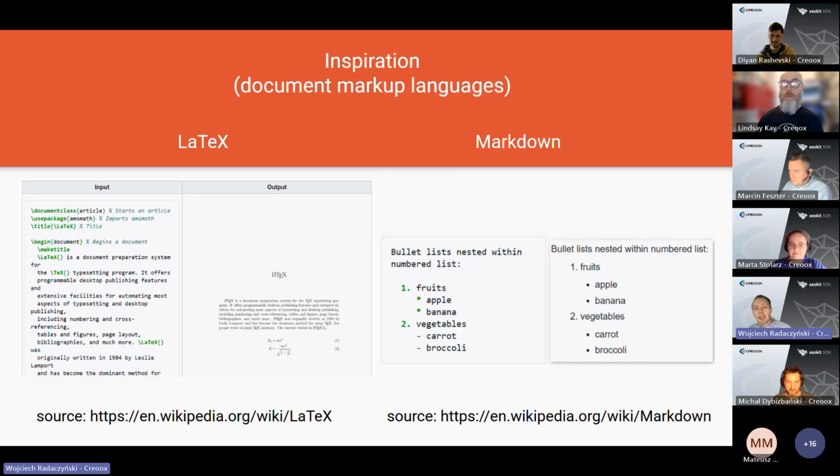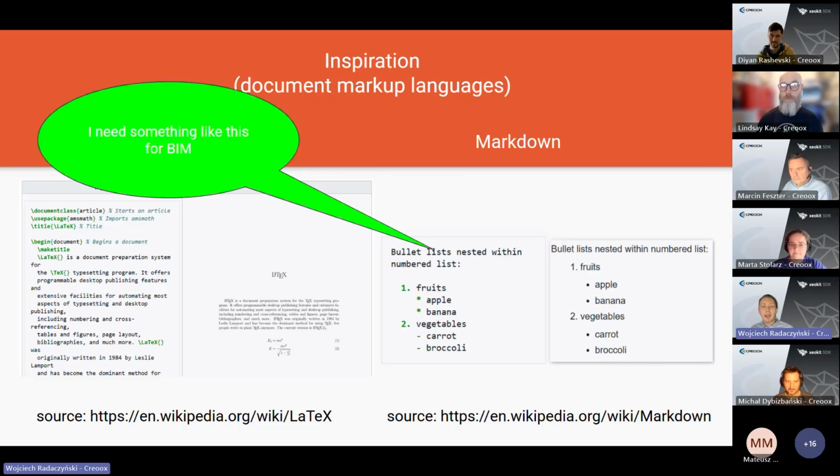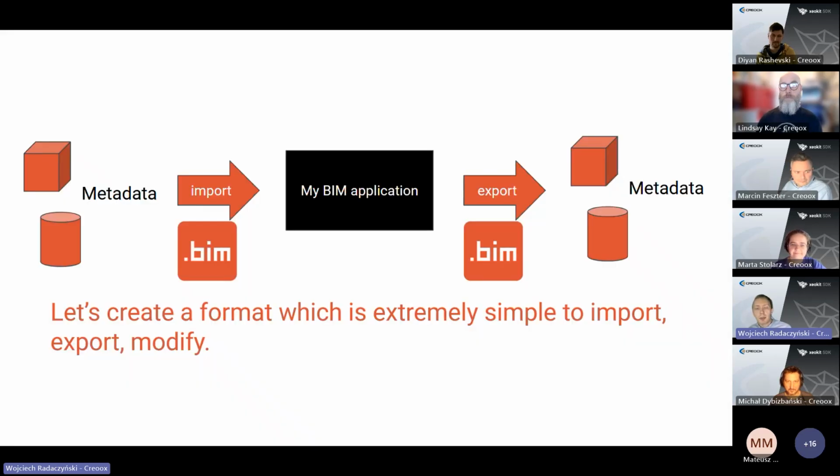But on the other hand, you have Markdown, which is extremely minimalistic, and it has only a few rules to follow. So I could learn the whole schema of Markdown in one day and create some simple documents with it. So I realized that I would love to have something like this, but generally for the BIM industry. So that's why dotbim was created, to have as simple as possible a geometry and metadata file format for the BIM industry.